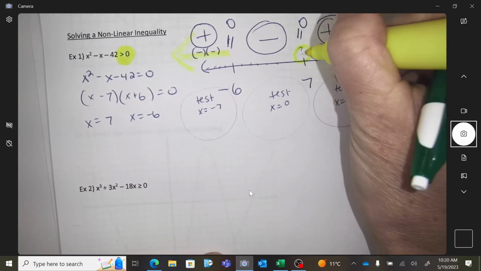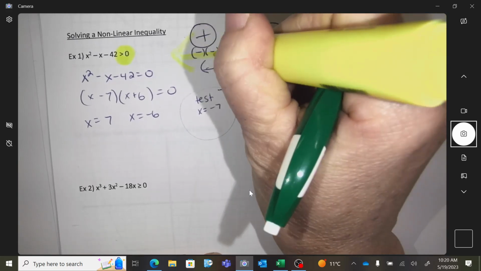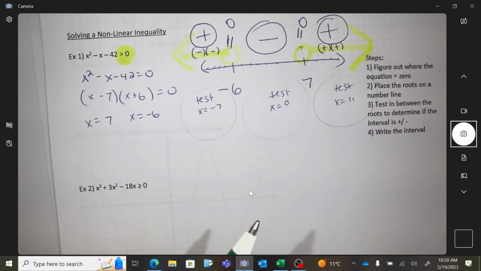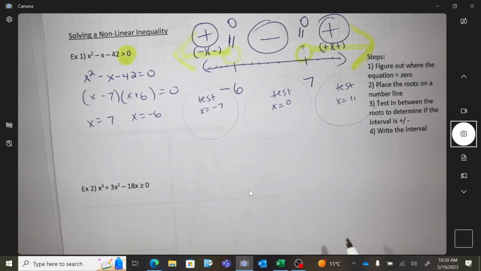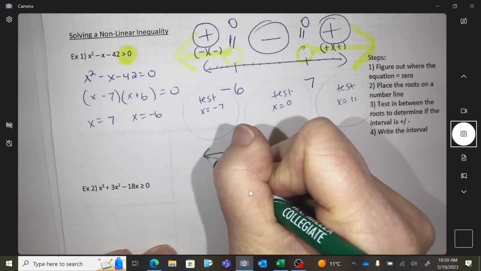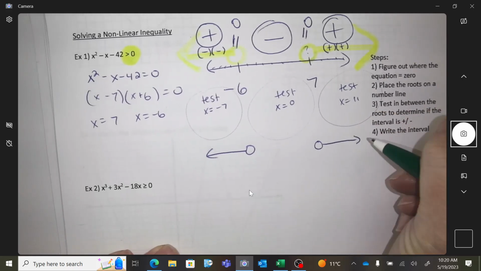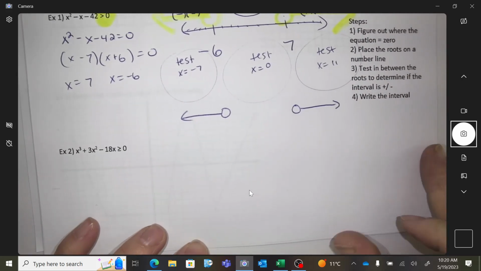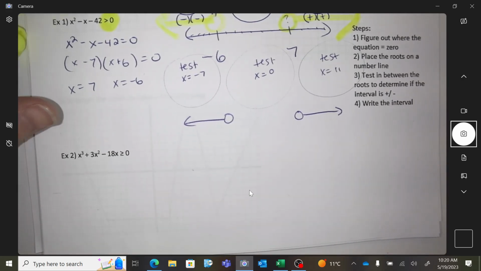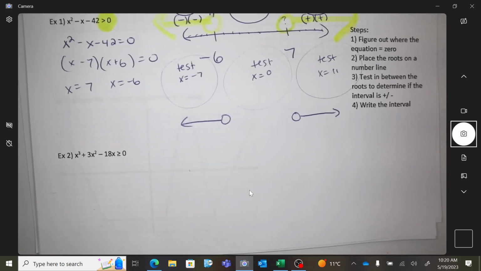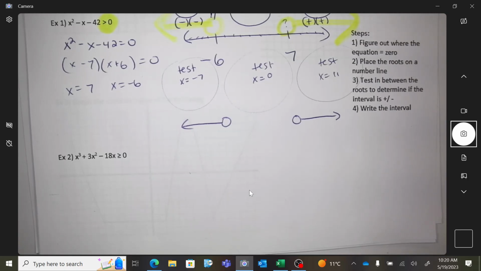So in a graph sense, have you ever heard of an open hole? Do you remember doing that in grade 10 on some of your graphs? You should have learned how to graph with an open hole. So basically, this is where I can be. I can be in this zone or this zone. So how do I write that as a domain? Domain. Okay, so domain is X, and we go from left to right.